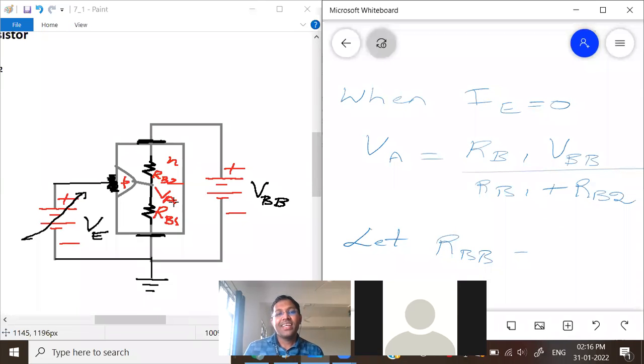Now, if you see, the entire resistance between base 2 and base 1 is simply nothing but RB2 plus RB1, right? VBB is connected between base 2 and base 1. Likewise, RBB will be RB2 plus RB1.